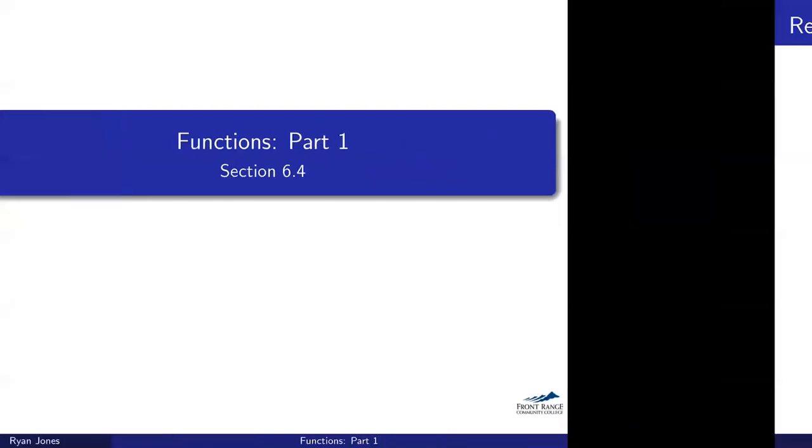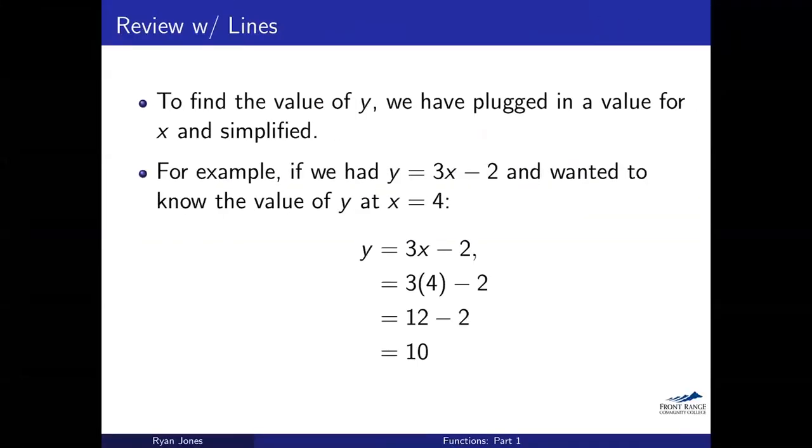So just a little review of what we've been doing with lines. We've just said, if I have a line, for example, maybe I write it y equals 3x minus 2 here. If we want to find the value of y, what we've done is take whatever value we have for x, plug it in, and then simplify down.